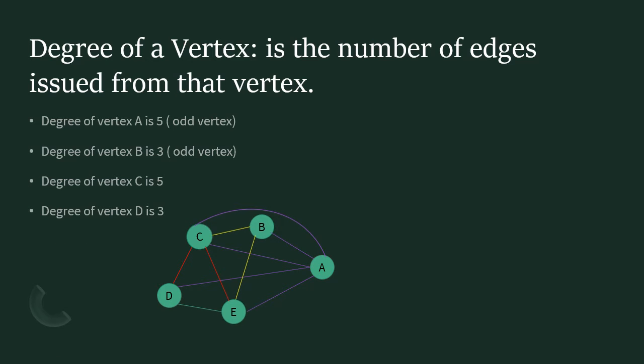The degree of D is 3. And the degree of E is 4. If the degree of a vertex is odd, we call it an odd vertex. If the degree of a vertex is even, we call it an even vertex.